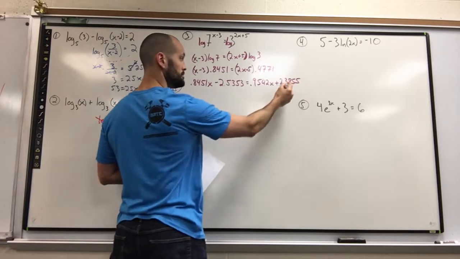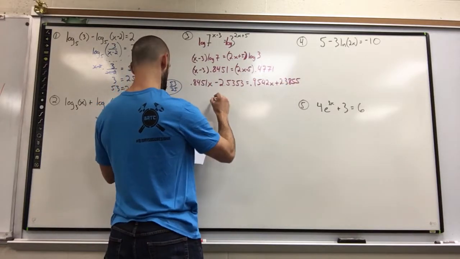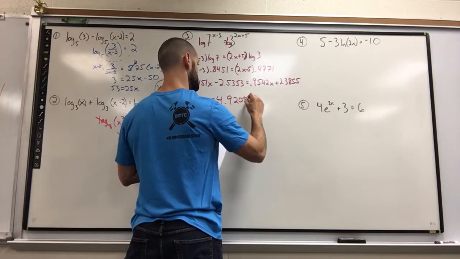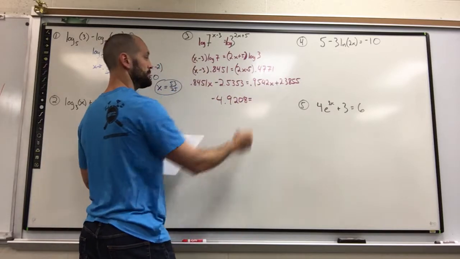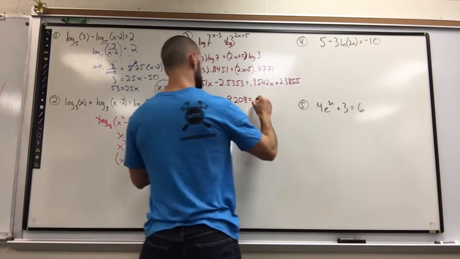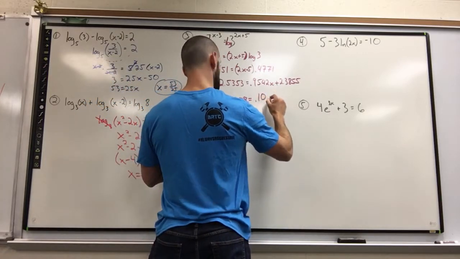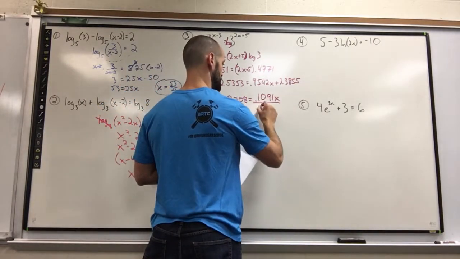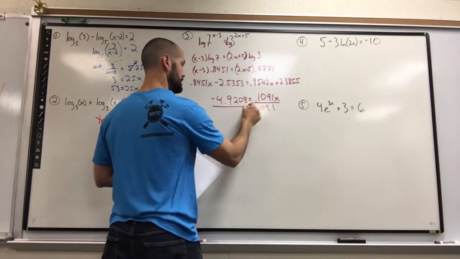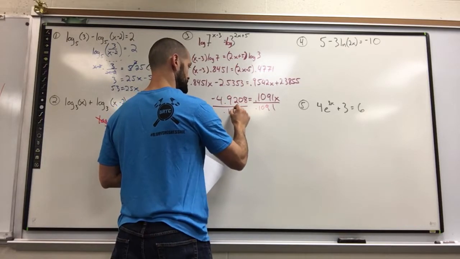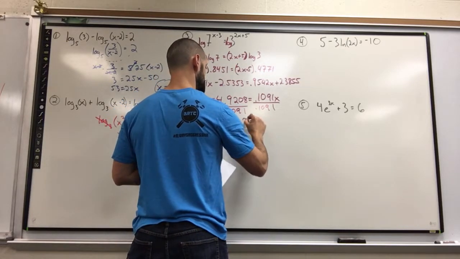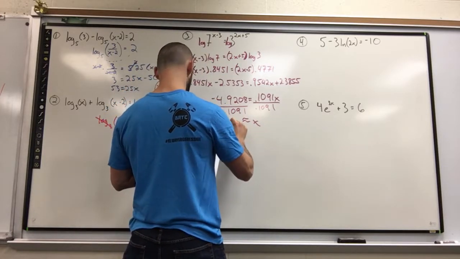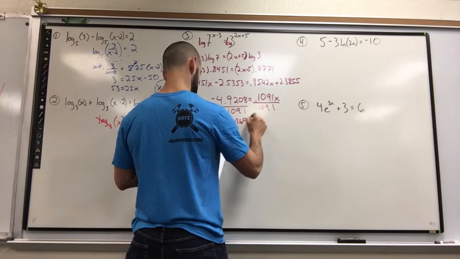So I'm going to subtract 2.3855, leaving me with negative 4.9208 equals, I subtract the 0.8451, 0.1091x. Last step, divide by 0.1091. X is approximately negative 45.1036.